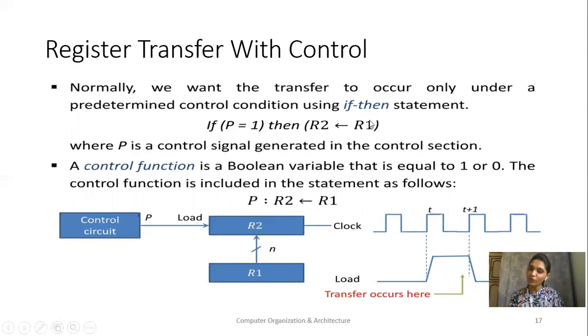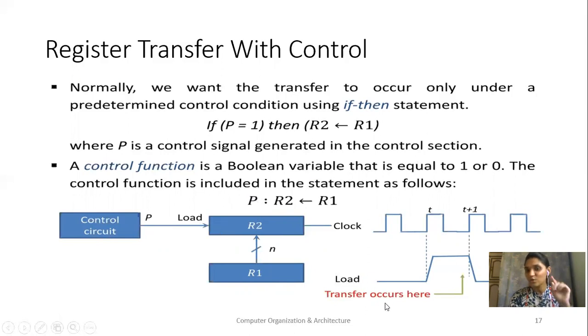But if you want to represent this in RTL, you write P colon R2 gets R1. The content of R1 is transferred to R2 only if condition P is fulfilled, that is, only if this control circuit provides 1.